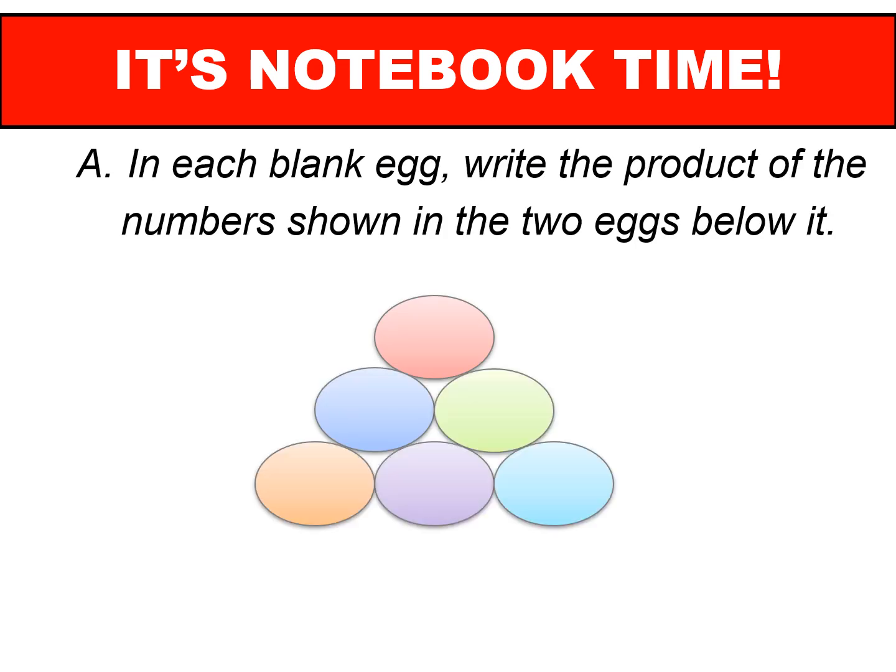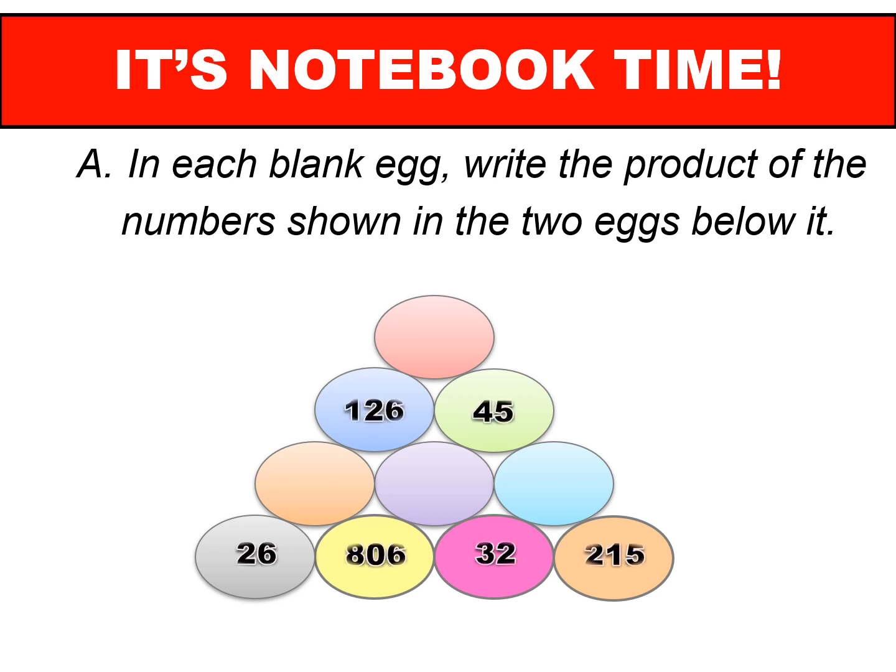It's notebook time! In each blank egg, write the product of the numbers shown in the two eggs below it. For example, 126 multiplied by 45 is 5,670.